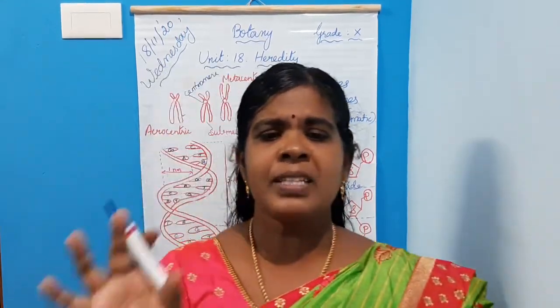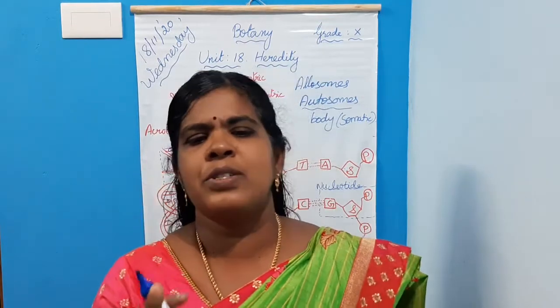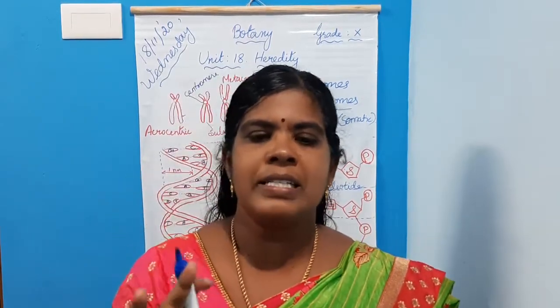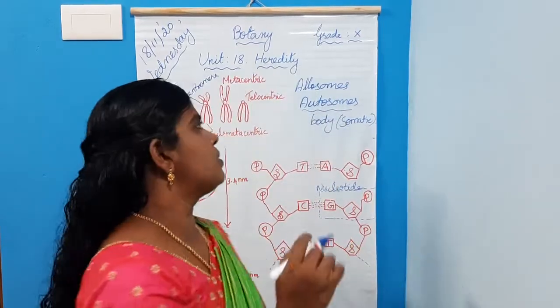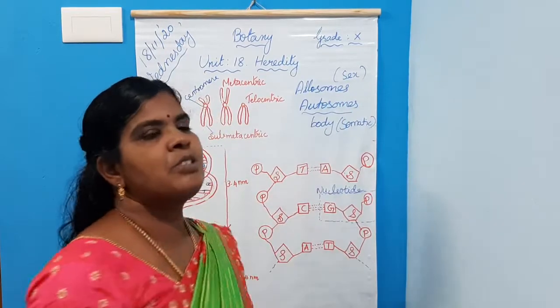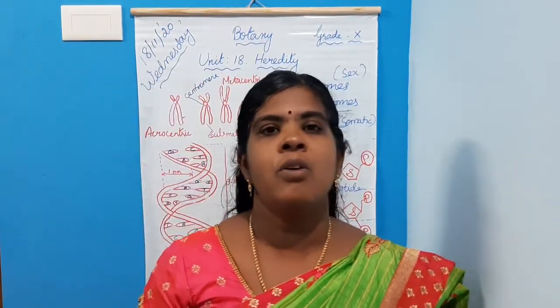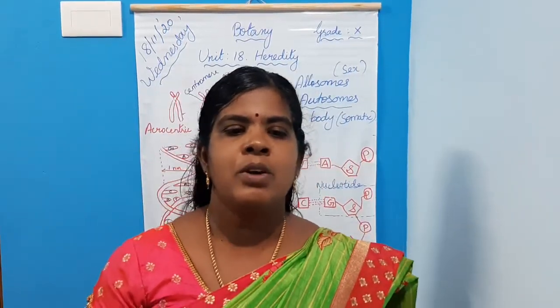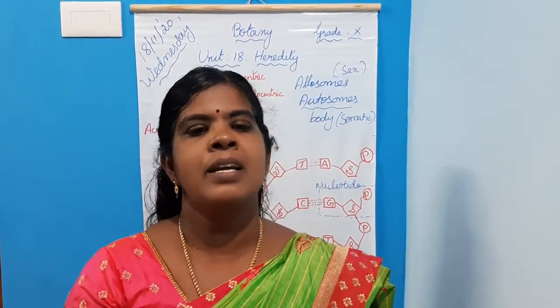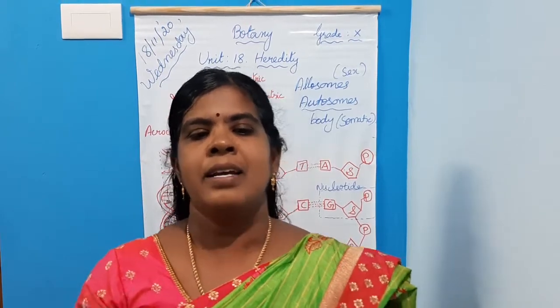Then allosomes. Allosomes are the sex chromosomes, or they are termed heterochromosomes. These are sex chromosomes, which determine the sex of an organism. So what about autosomes? Autosomes contain the genes that determine the somatic characters.